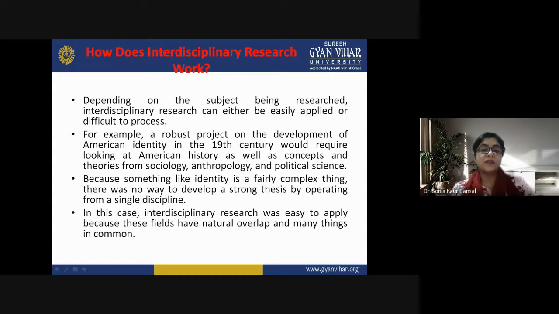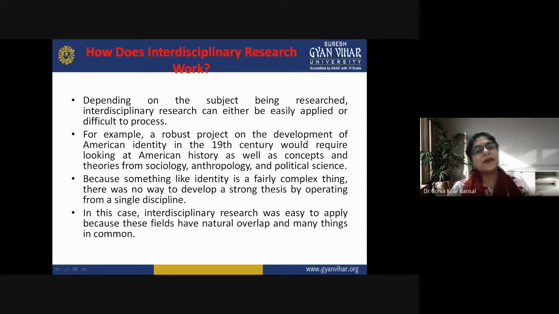Definitely sociology would be covered, anthropology would be covered, how the human being was progressing during the time, and then political science will also be covered. This is how interdisciplinary research works.